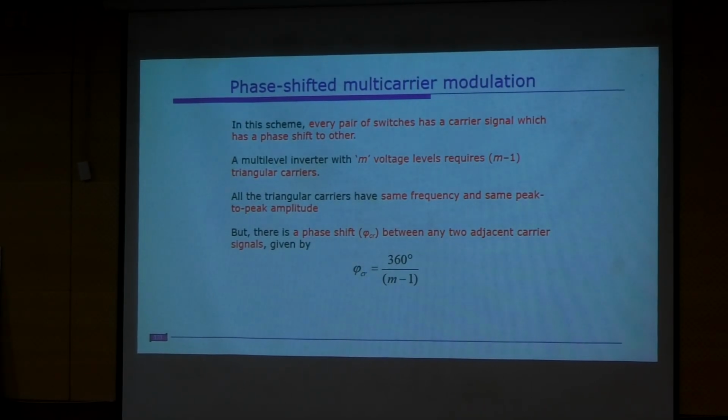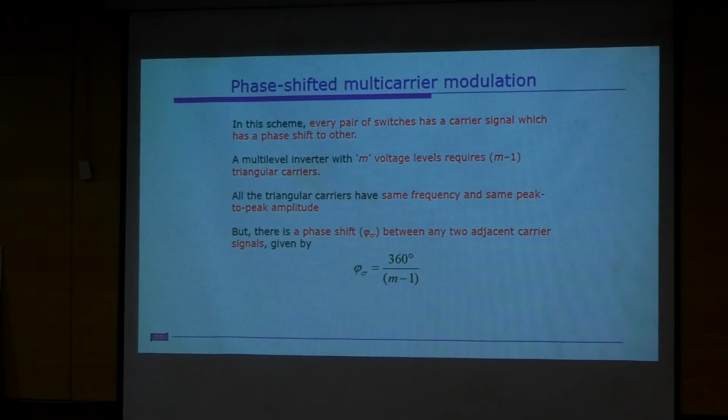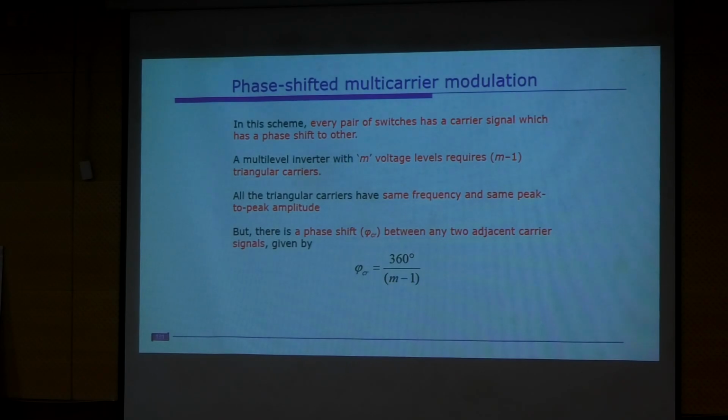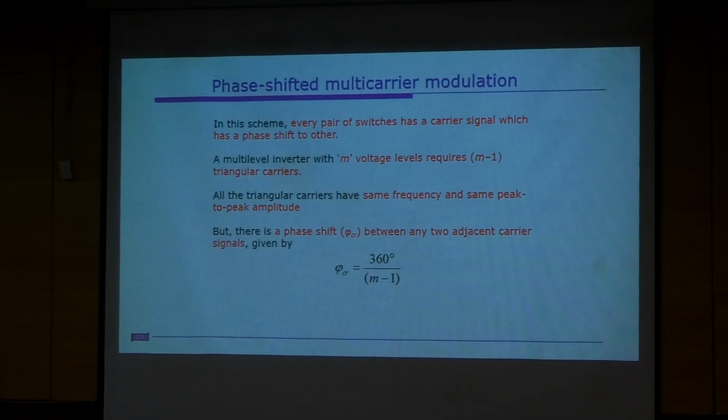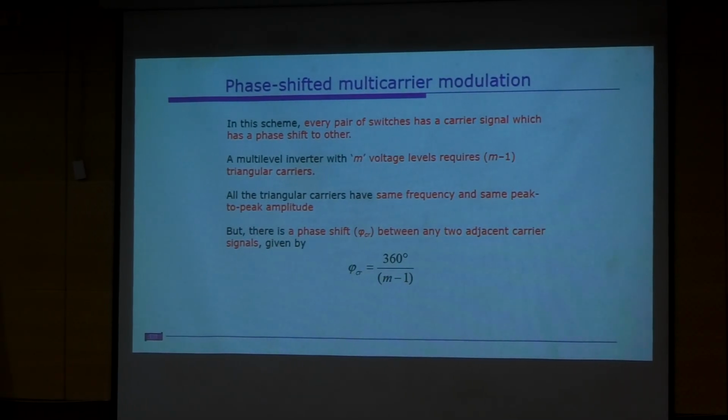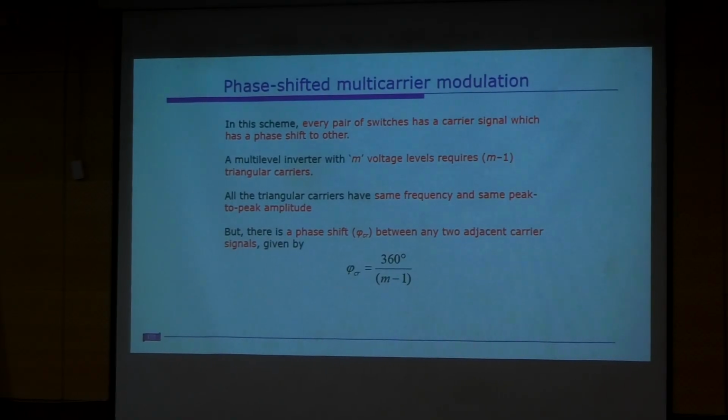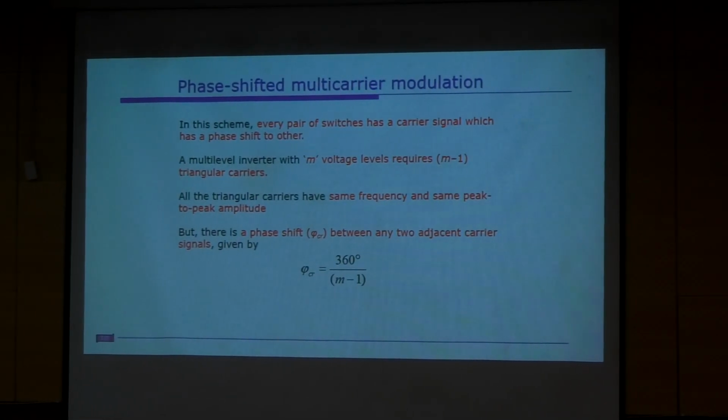Depending on the carrier arrangement, we have two methods: level shift PWM and phase shift PWM. In phase shift PWM, the idea is simple. We have 4 carriers, all of the same frequency, and all varying from +1 to -1.